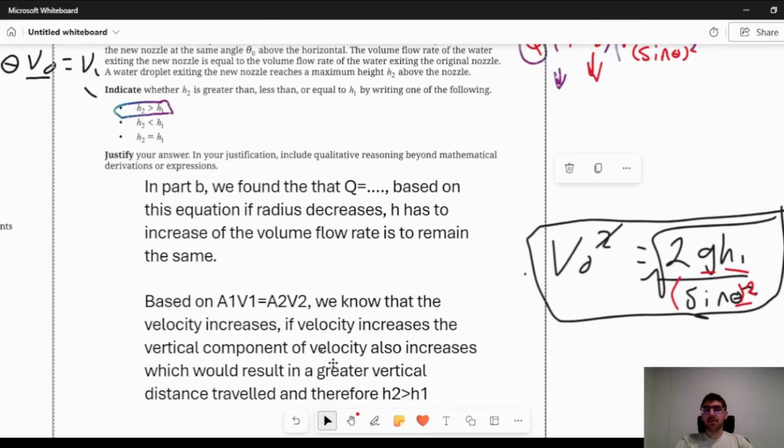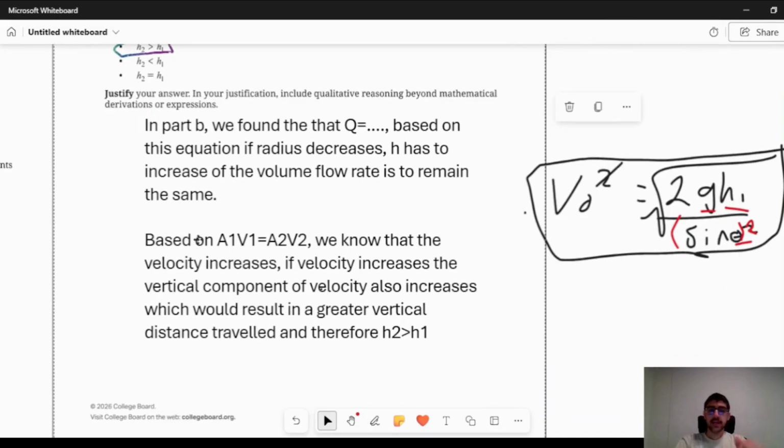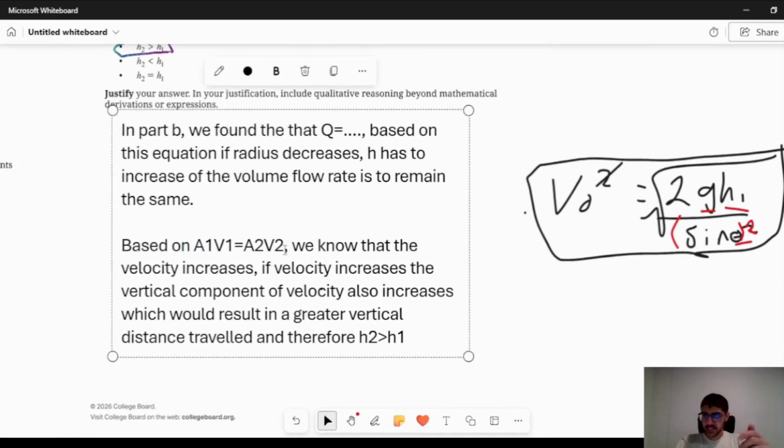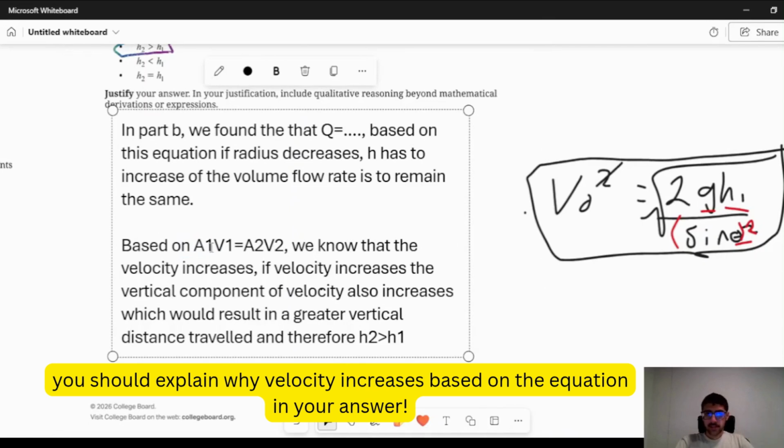So a more reliable and possibly better answer would be to say, based on the equation A1V1 equals A2V2, which is in the equation sheet, we know that velocity increases because originally the radius was higher, so in A2 the radius is smaller, the cross-sectional area becomes smaller, and therefore velocity has to increase.